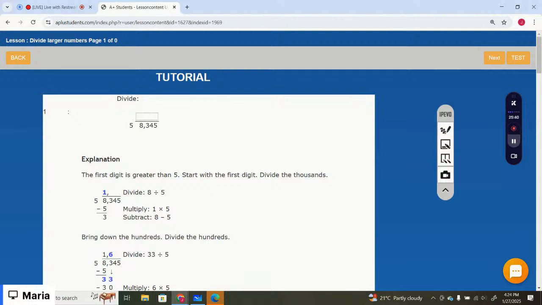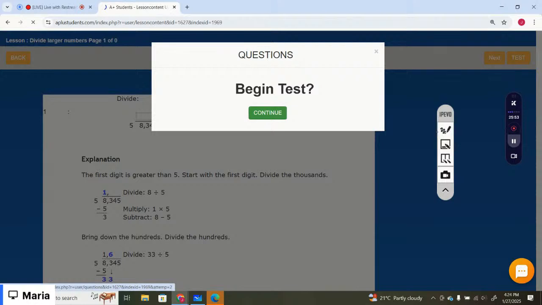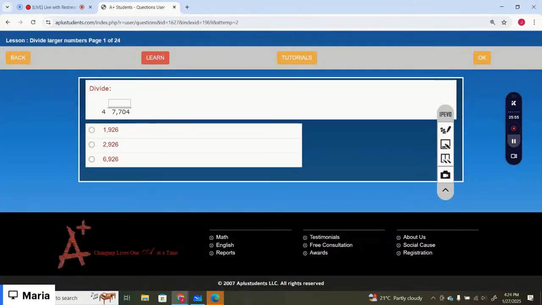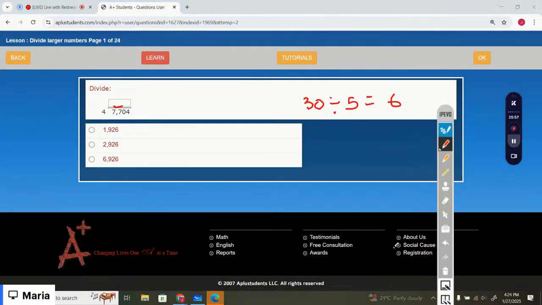That is very important, so you have to listen to me carefully. Now I'm going to start with the test question, since that one is already solved. You can have a look at it later today, but let's start with the test questions.